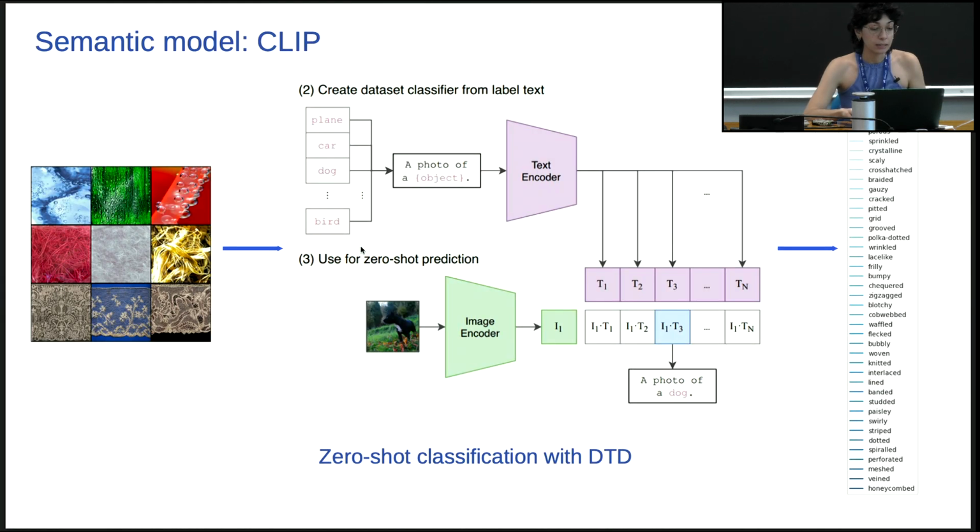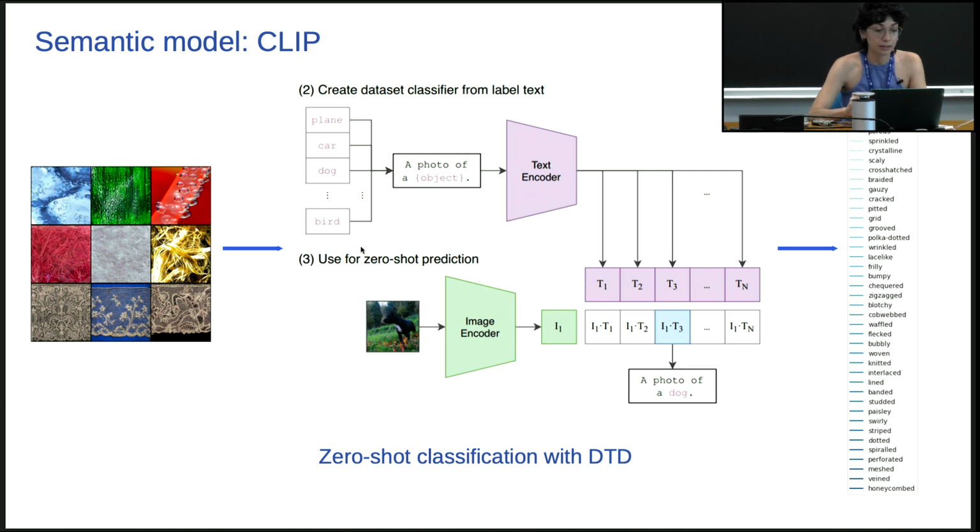So what I did is I took images from the Describable Textures Dataset. I fed them into this model, which is called CLIP, and it is a multimodal model for image and text. And I basically asked CLIP to classify all of the images into their relative label. And I want to stress the fact that this model is not trained on this specific data set.